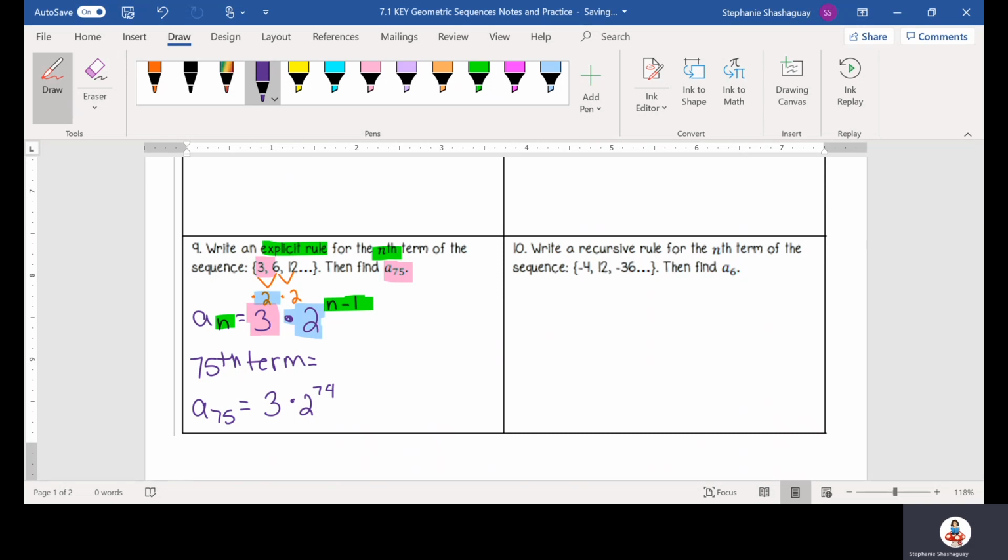And then when I plug that all into my calculator, I'm going to do 2 to the 74th power, which would be a very large number.